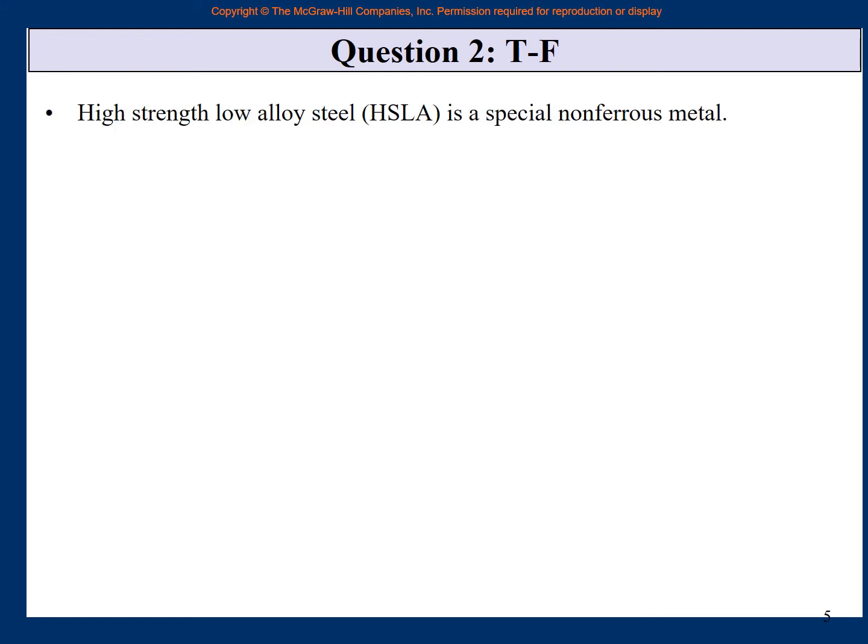High strength low alloy steel is a special non-ferrous metal. Now you see steels are all ferrous metals. So it is a very special alloy, but it cannot be non-ferrous. So false, right?